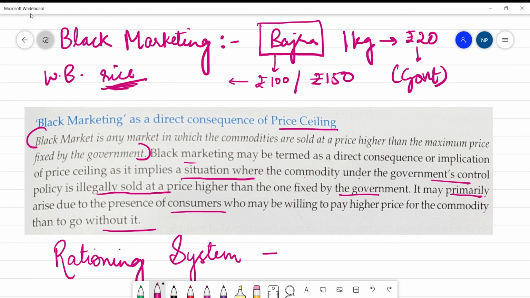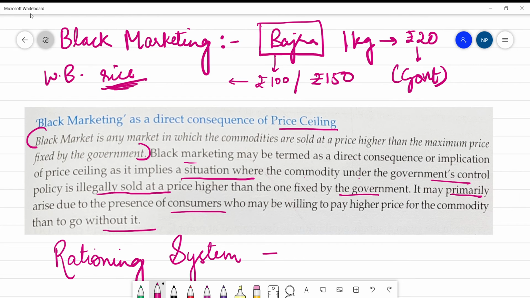And what happens in this situation? They see that they can earn the profit. Why? Because people in such a state are hungry, they need food to survive, so they will be willing to pay a higher rate than what the government has asked for. So in this situation, both the seller and the consumer together form the black market.